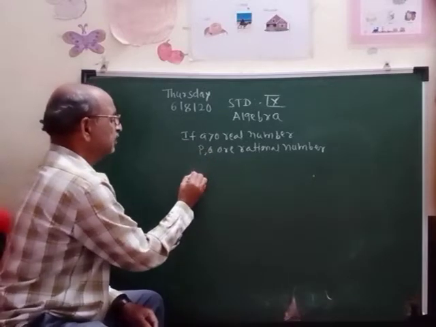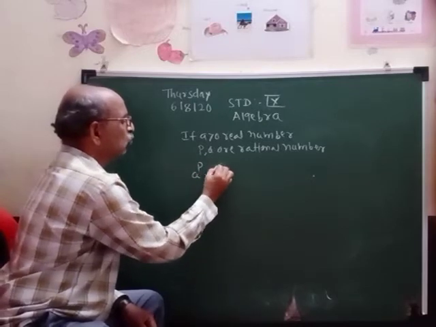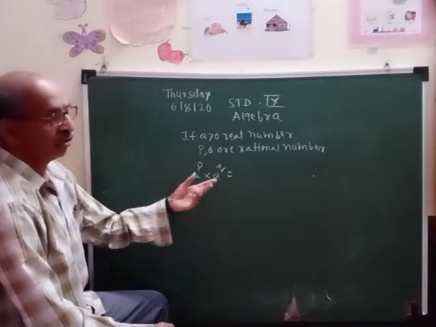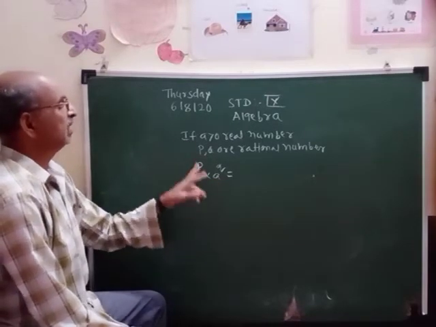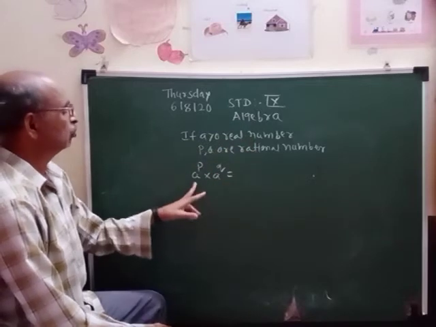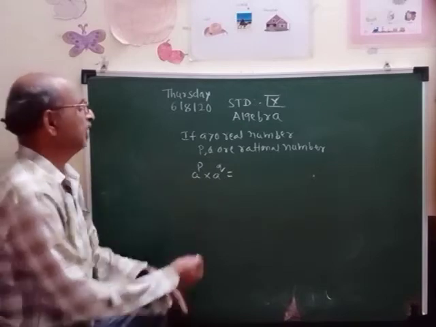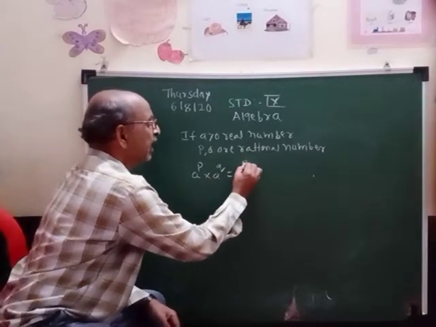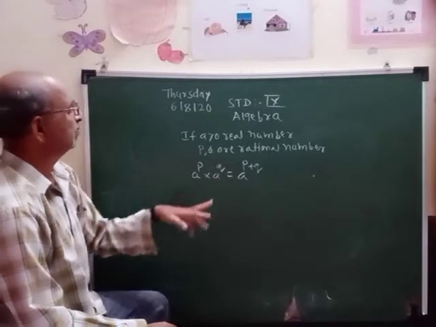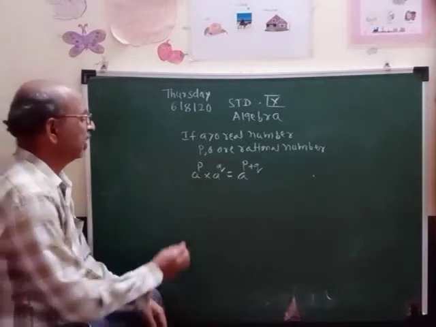The first is a raised to p into a raised to q. Here the base is the same, so indices are added. In multiplication, if the base is the same, indices are added.